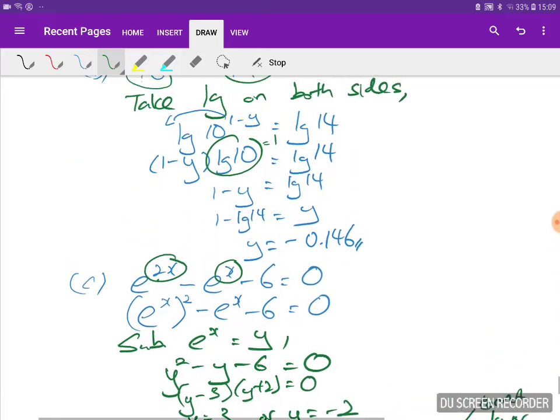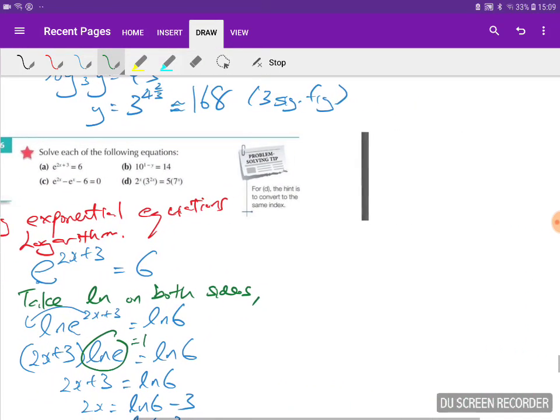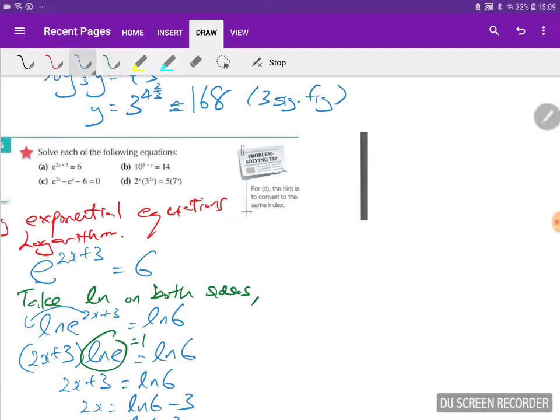So take a look at these three equations. Let's look at the last one, which is a bit more challenging. 2 to the power x, 3 to the power 2x equals 5, 7 to the power x. The hint is already here.